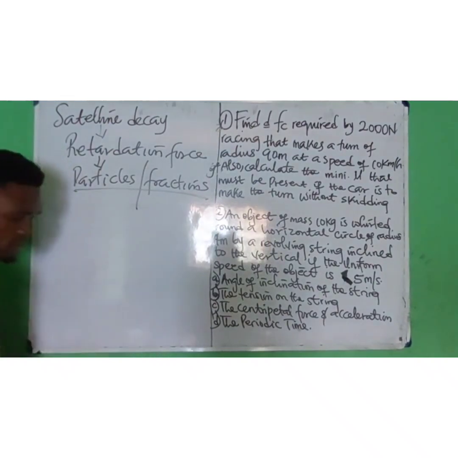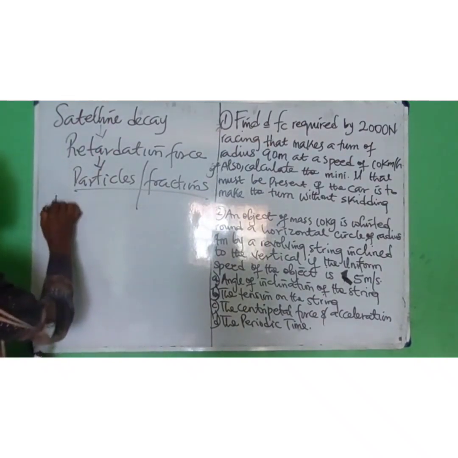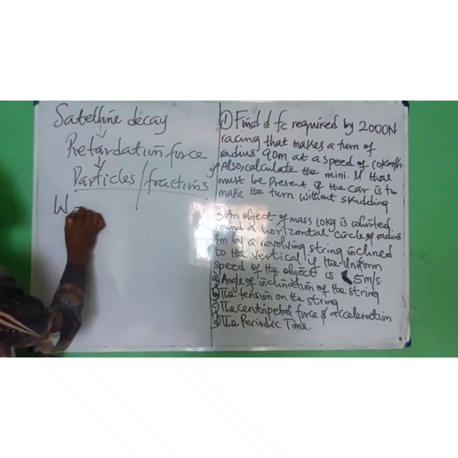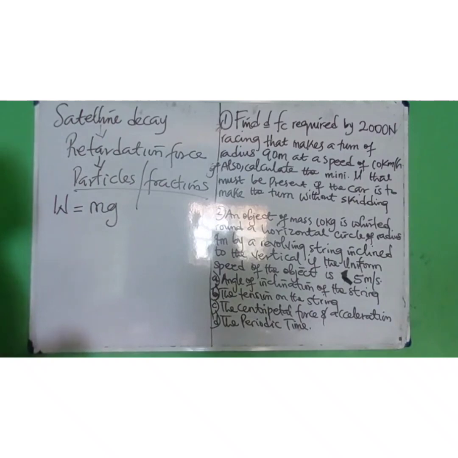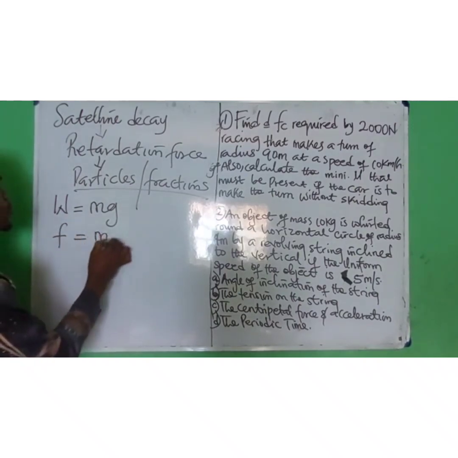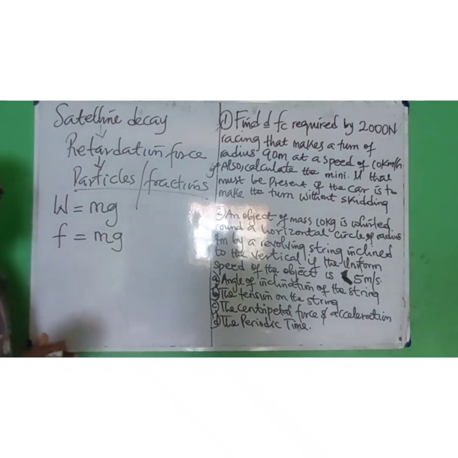However, in order to keep it stable, we know that W is equal to mg. And we know that force is also equal to mg. So if force is equal to mg, and I told you that force is G M e over r squared, equals mg, what does that mean?